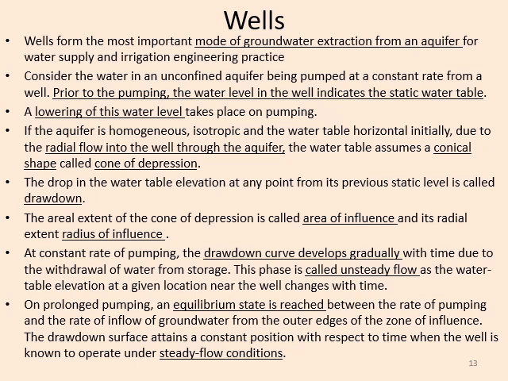Up to that distance, maybe 10 meters, maybe 100 meters, maybe 500 meters, it will be the influencing area of the well when pumping is going on, and the radial extent is known as the radius of influence.